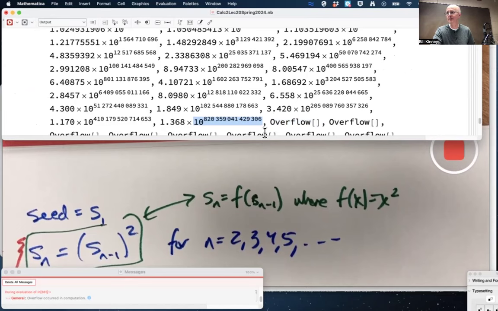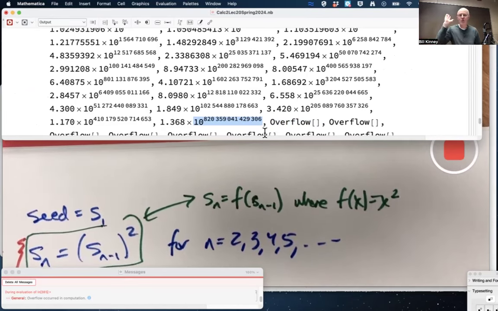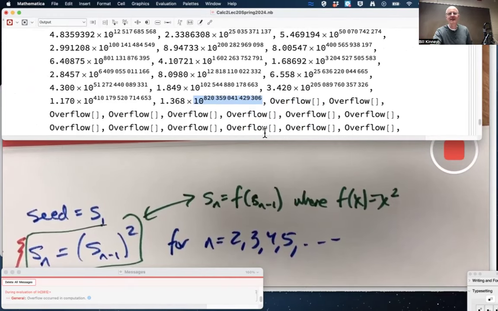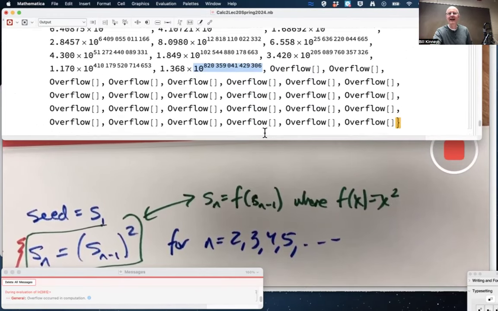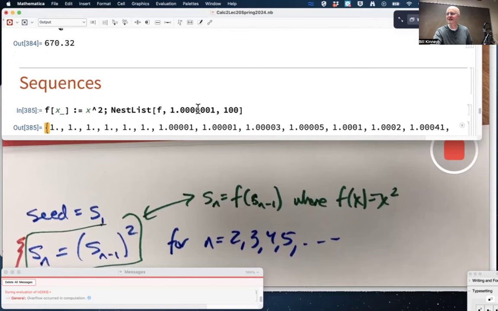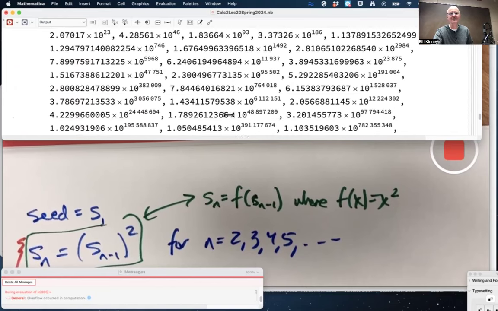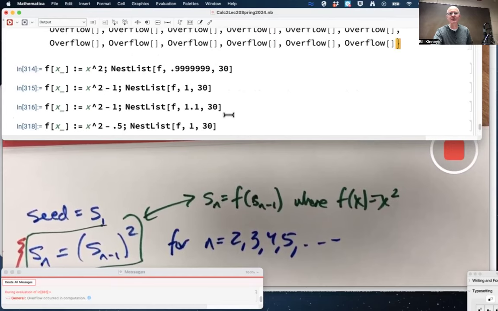That's so much bigger than you can imagine. Way beyond what you can imagine. Overflow. It gets worse, actually, if you try putting fractions in here. Don't go out to 100. Mathematica will stall because the fractions, numerators, and denominators will be beyond your imagination in length.